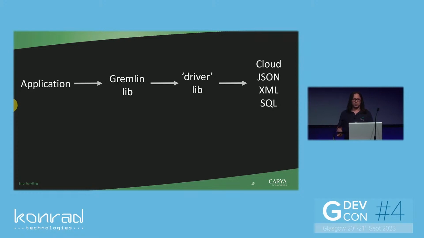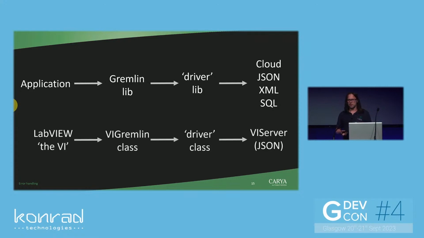It's just data, but what makes it a graph database is the way it's composed. So what I did, I couldn't use any of that, or I don't think so. So I made a Gremlin class to do it in LabVIEW, and then my driver points to VIs in VI Server. And then I made the VI, at the moment, so that's going to be a tool, hopefully, that uses the VI Gremlin class to query.